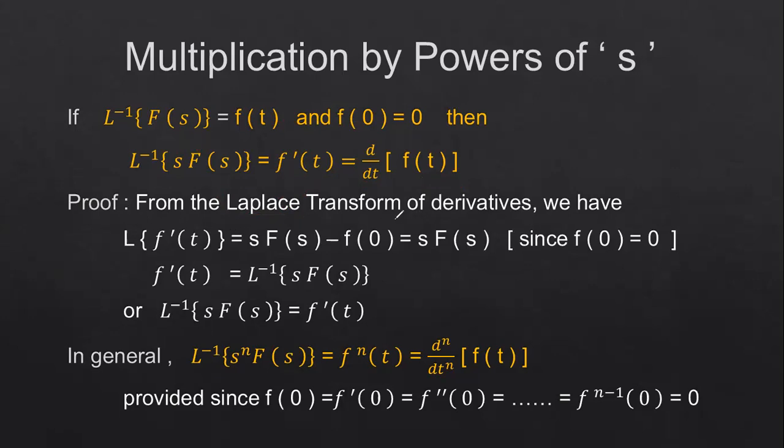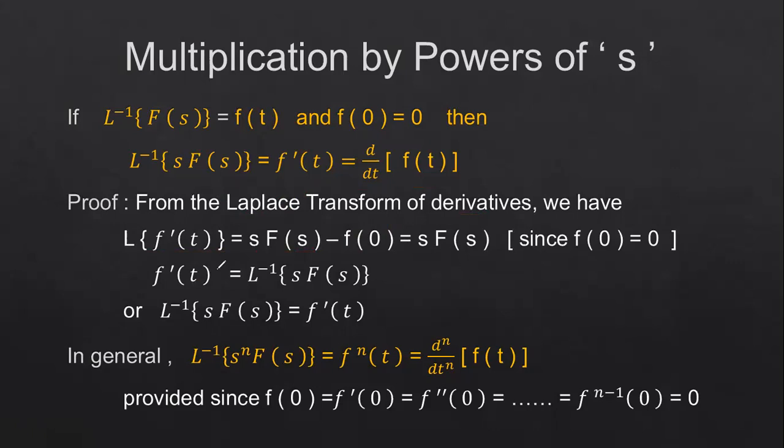From the Laplace transform of derivatives, we have Laplace transform of f dash t is equal to s into F of s minus f of 0. Clearly mentioned in the theorem statement, f of 0 is equal to 0. All the initial conditions are equal to 0. That's why we put f of 0 is equal to 0. Then we have only s into F of s here.